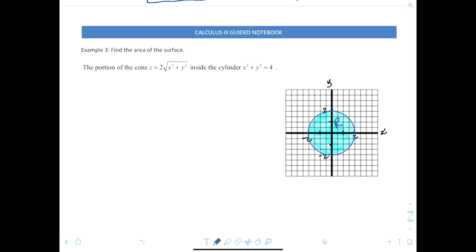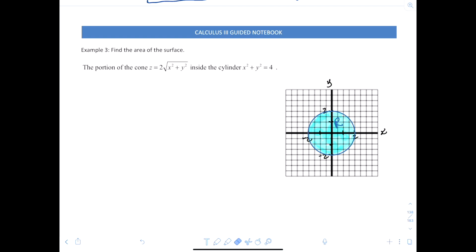So let's check out what we've got going on. I believe that this again is going to be easier using polar coordinates, looking at what's inside right here. X squared plus y squared is r squared, right? But we'll set it up in rectangular and then check it out.